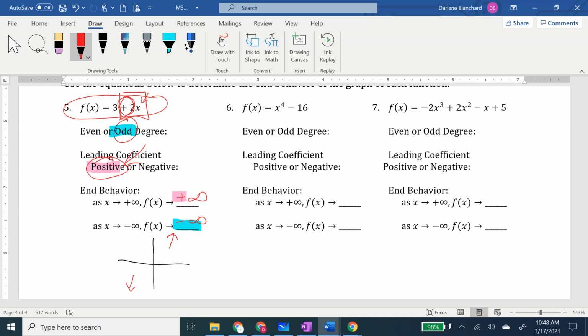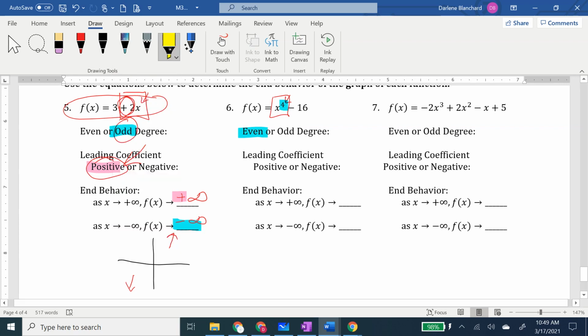But then we're looking at some higher degree polynomials next. So find your largest exponent. Look at your entire leading term. Your entire leading term is x to the 4th. The degree is even because that's a 4.